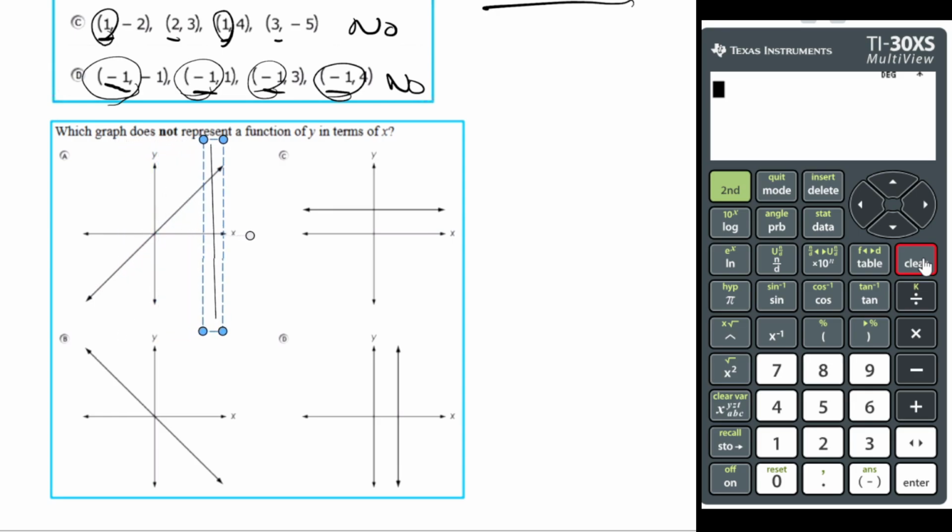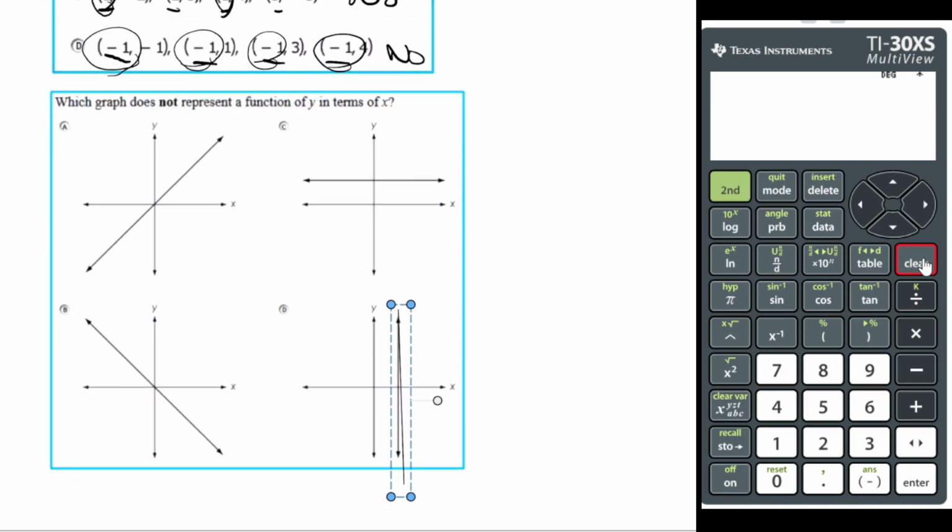If it ever touches the graph more than once at the same time, it is not a function. So this, good. This, choice C, good. Choice B, good. Choice D, oh, not good.